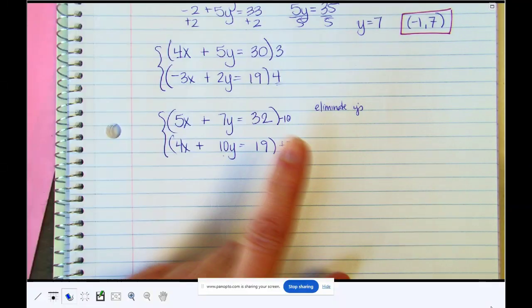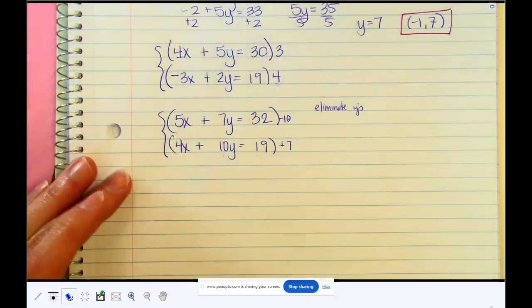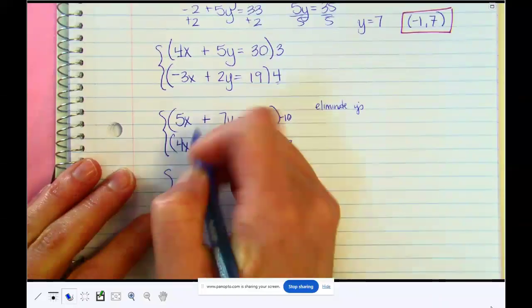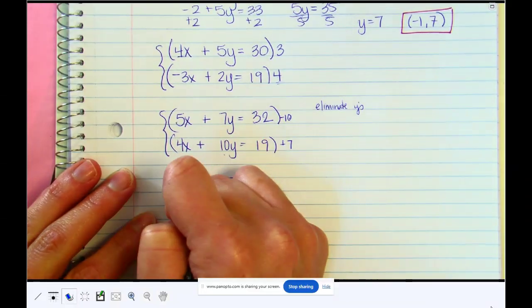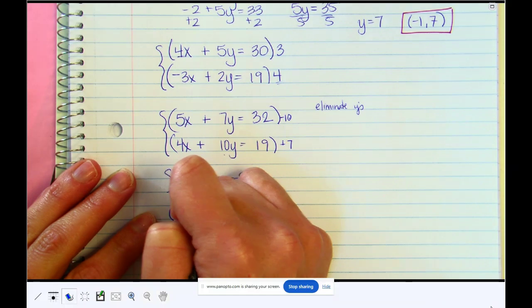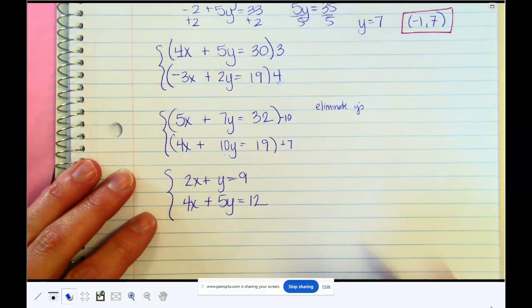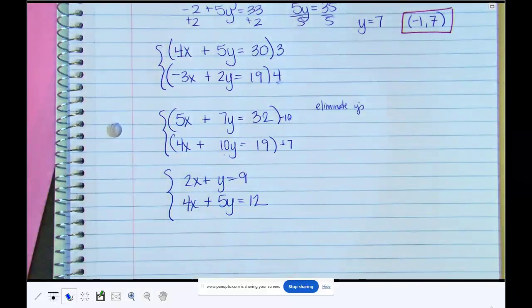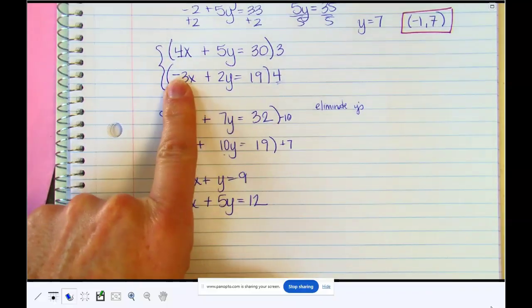You got to have opposite things to make them cancel. Okay? Right? Do you catch that, Izzy? Because this already has a negative in there.